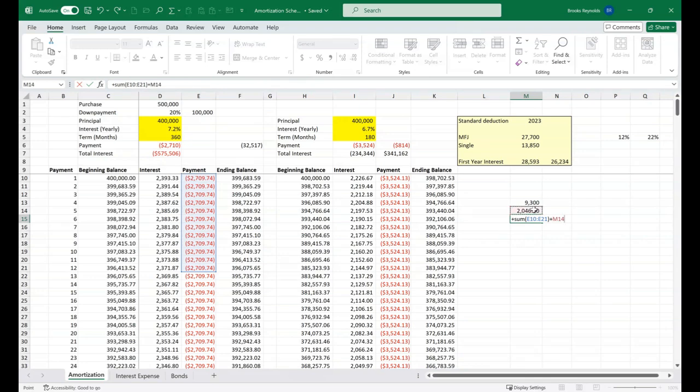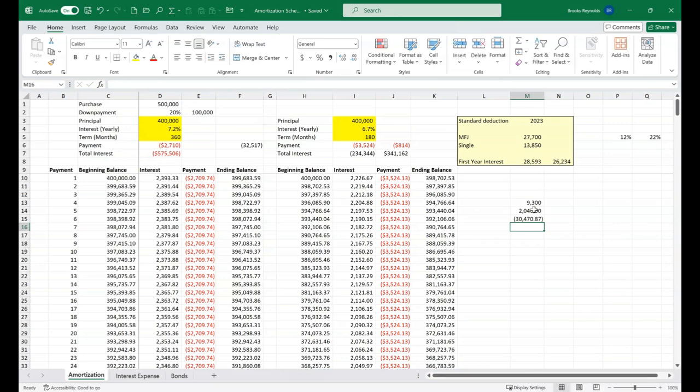In other words, you reduce your income, which reduces your taxes. And so really, instead of paying $32,000, it's only going to cost you $30,470. Only $30,470 plus, of course, taxes and insurance.